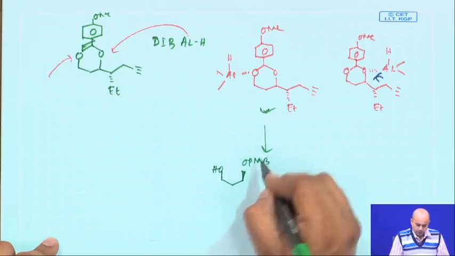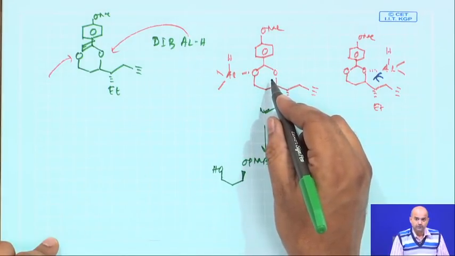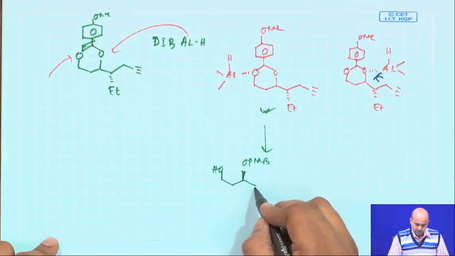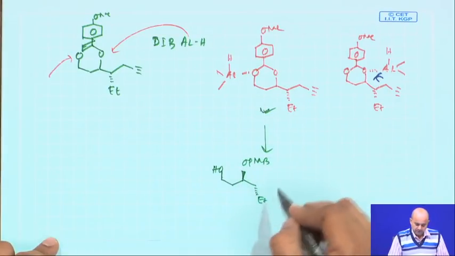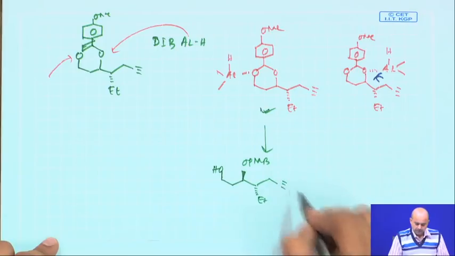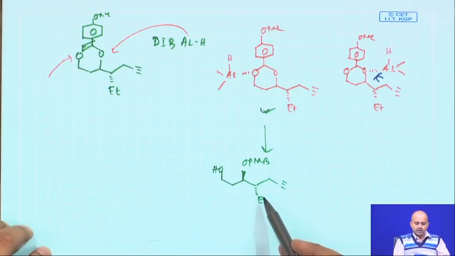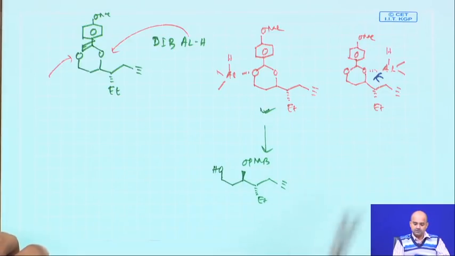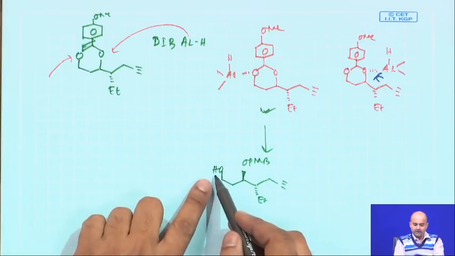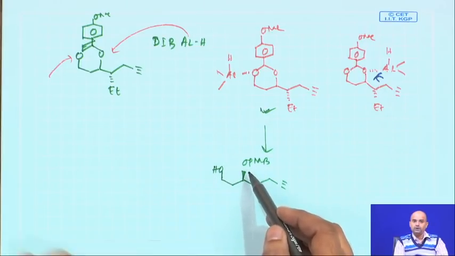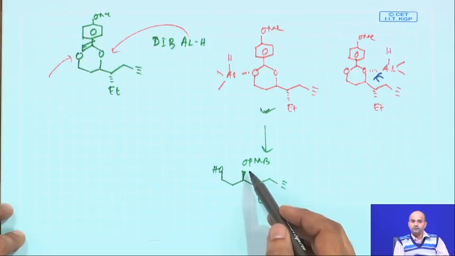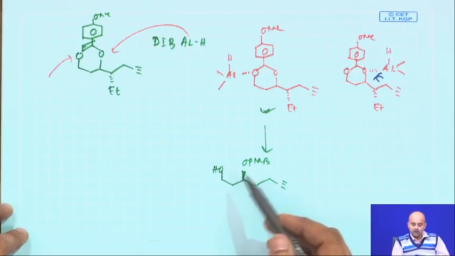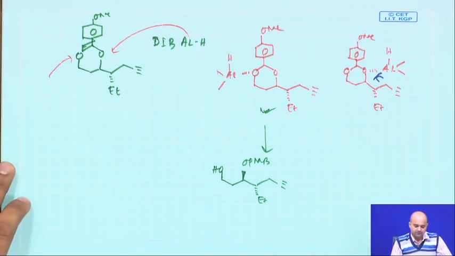This part will be your OPMB, PMB is paramethoxybenzyl, and then your ethyl is here. So, this is the initial molecule which you can get after this acetal cleavage. You will not get this side, you will get that side because this acetal is not symmetrically substituted, it is basically unsymmetrical.